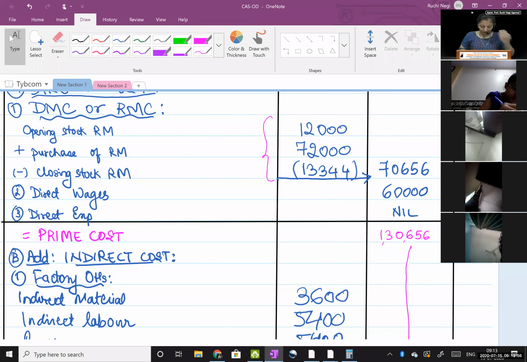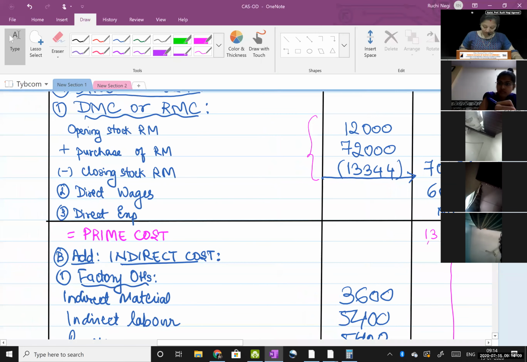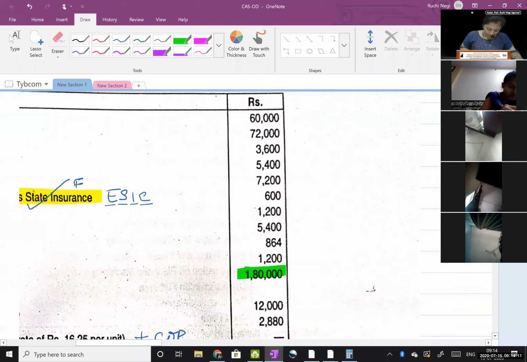Now, next add indirect cost, the second part of the cost sheet. Cost sheet is divided into two parts: A direct, B indirect. And in indirect cost, my first is factory overheads. So let us see how many factory overheads we have.